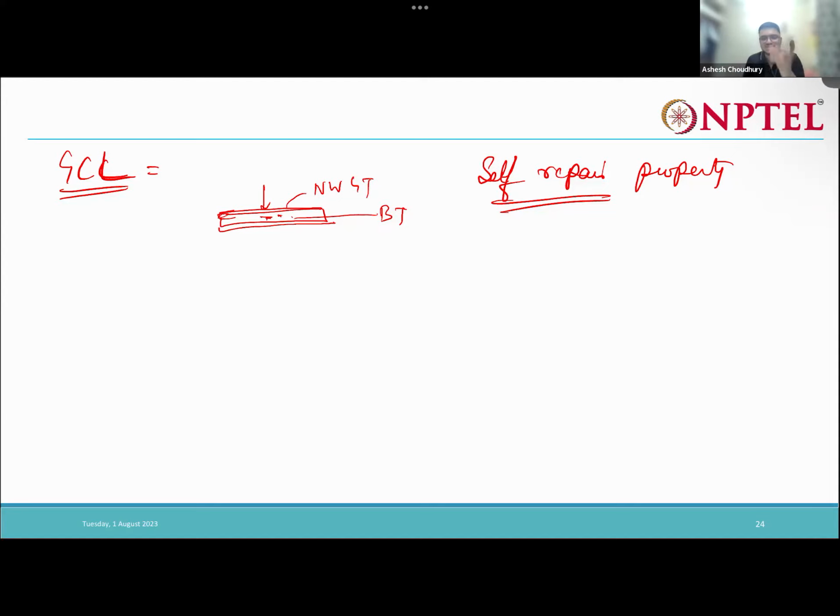So due to this expansion, what happens? If there are cracks in the clay layer, as soon as it comes in contact with a little bit of water, the bentonite expands and the cracks in that bentonite layer get filled. So it has a self-repair property.